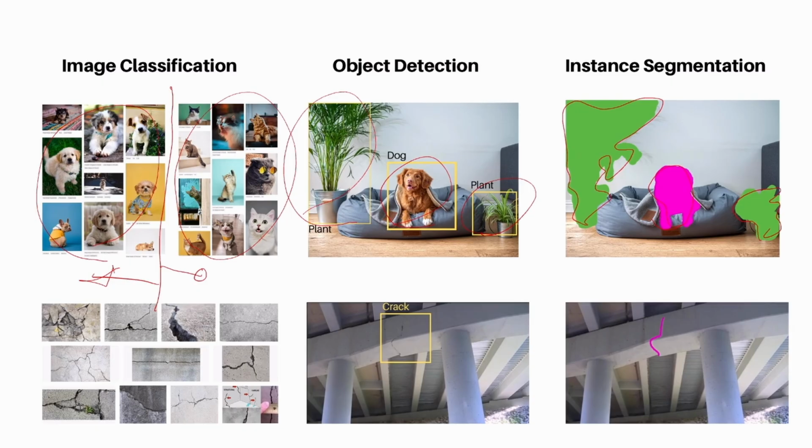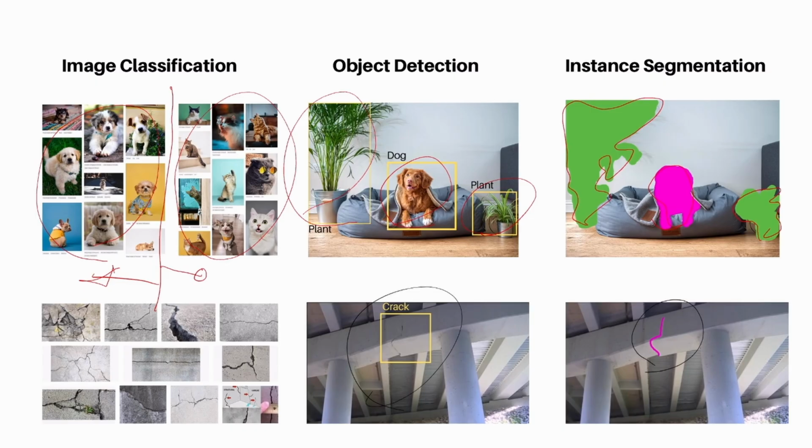Or you can use object detection to identify the location of the crack. So for those images that have a crack in them, you can identify where the crack is. And finally, with instance segmentation, you can identify the shape of the crack. So given this crack on the left side, this is the shape of the crack.